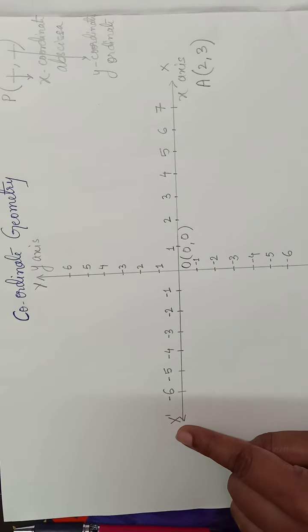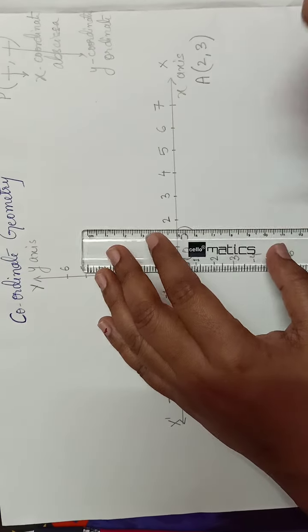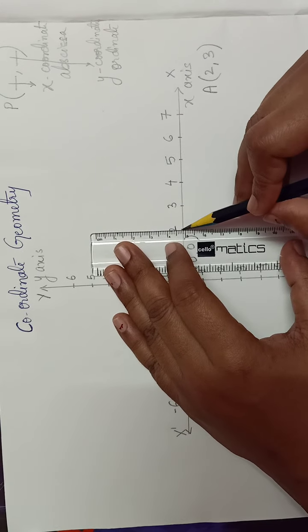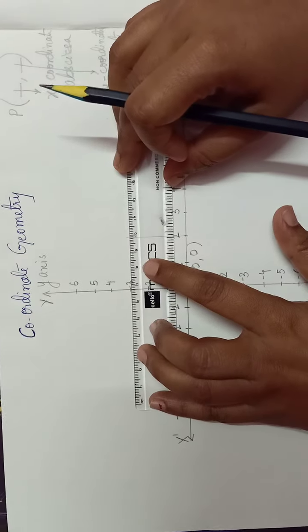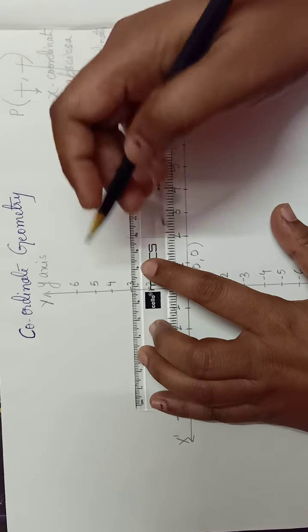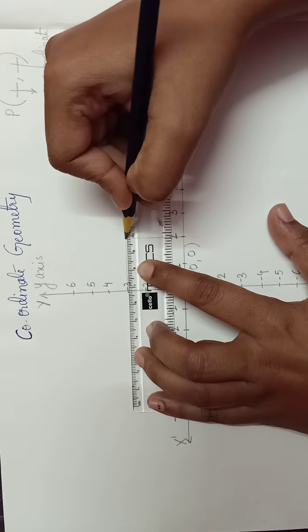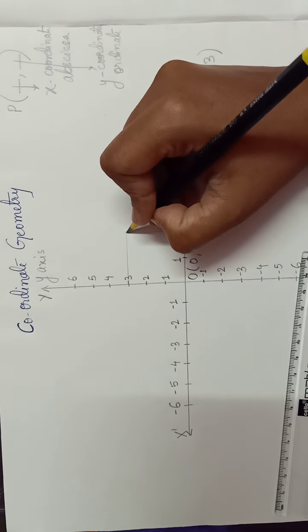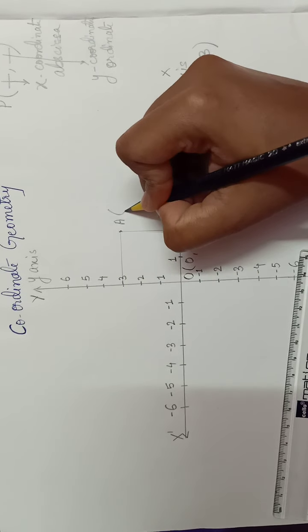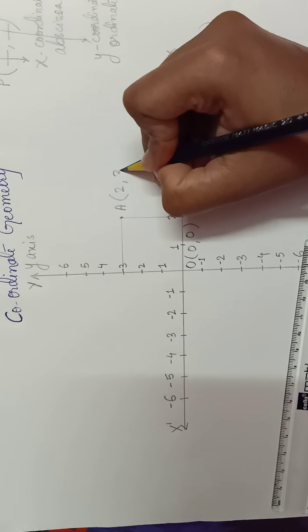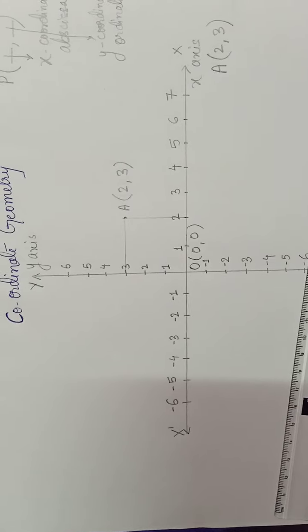Here I got 3. So from 2 I will draw the perpendicular line, and from 3 also I will mark the perpendicular line. The point where these two lines meet is our point A, (2, 3). This way you have to mark.